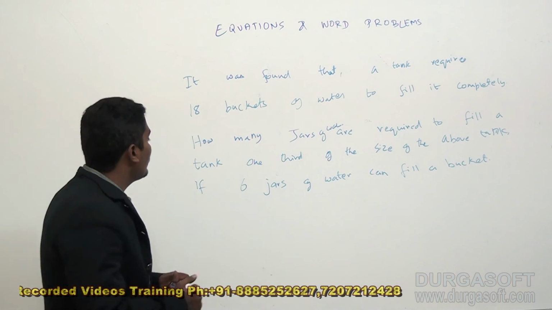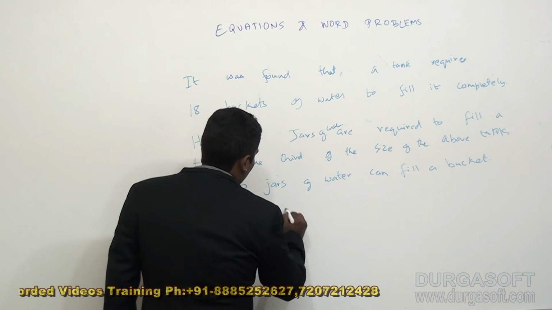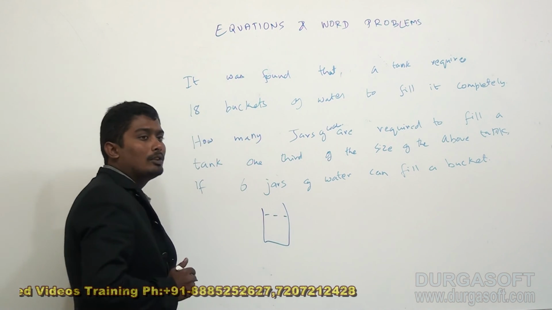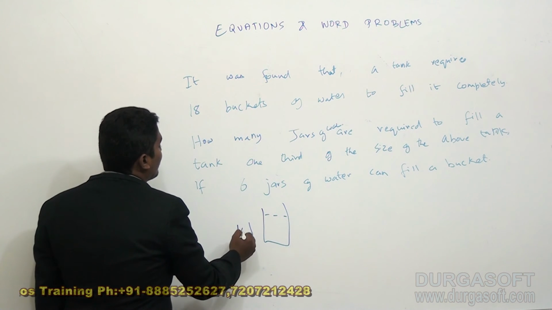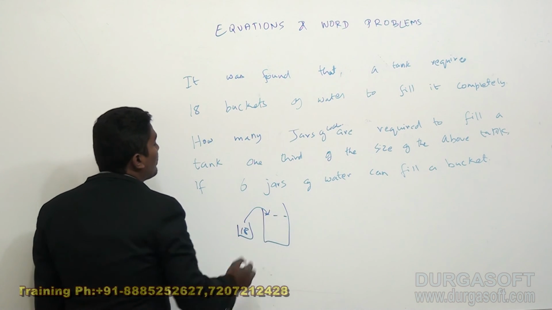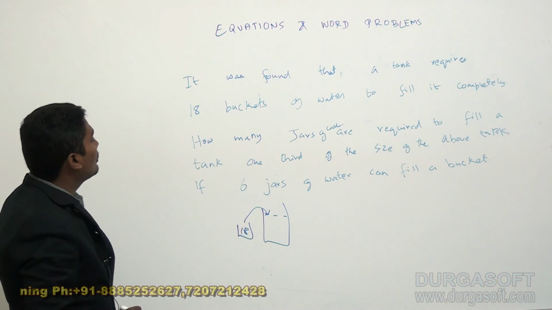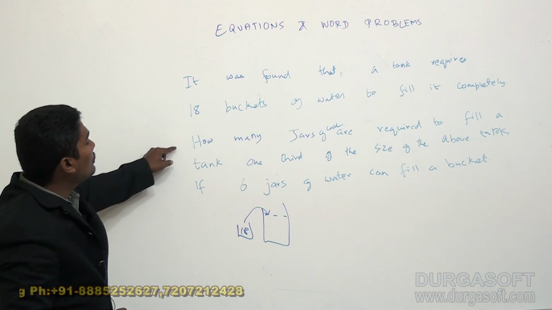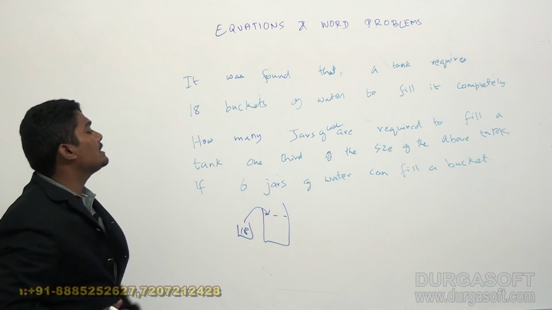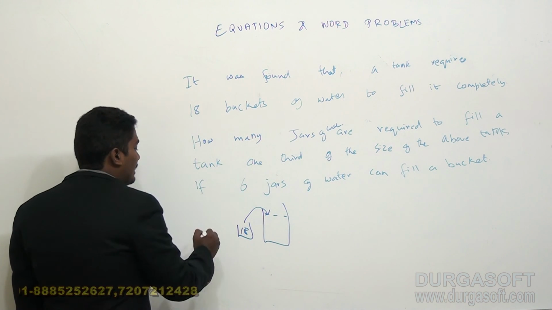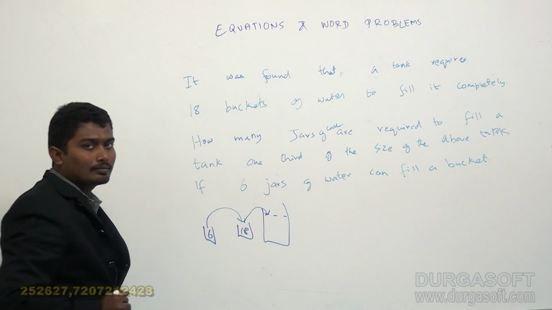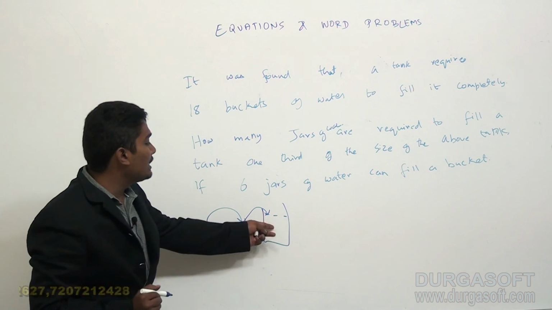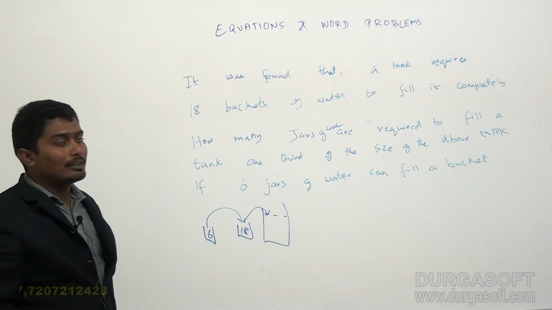Here they say that there is a tank. To fill this tank I will need 18 buckets of water. Now one more clue they gave is that I need 6 jars of water to fill a bucket. So to fill this tank how many jars will be required?